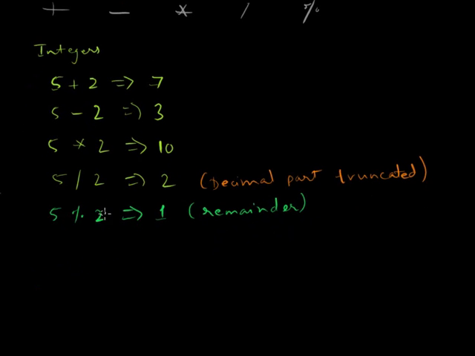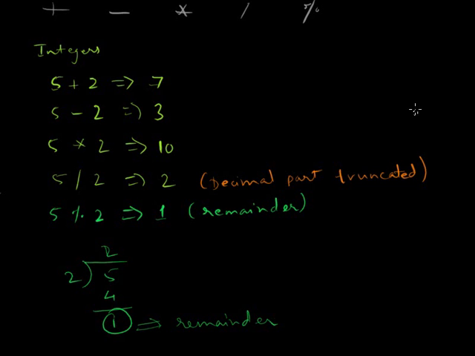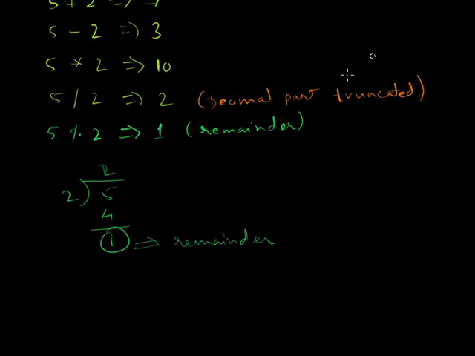Let us look at how. 2 2s are 4, and we get 1, and this is the remainder. And this is what we get if we mod 5 with 2. Okay, now let us try these things with the floating point numbers.